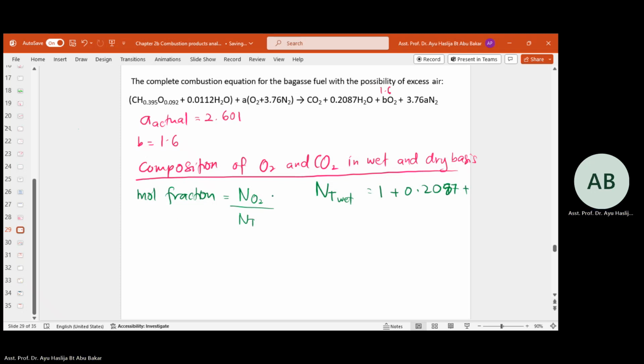Dia guna equation ni je. Water. Okay, so the difference is the N total, N total wet and N total dry.